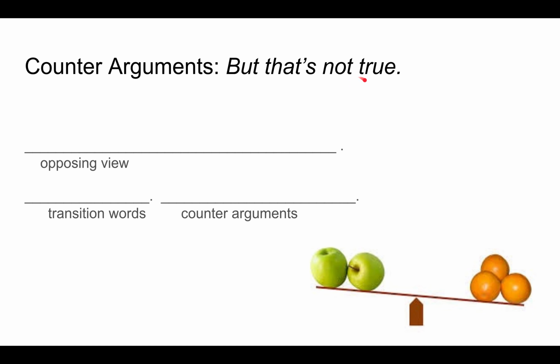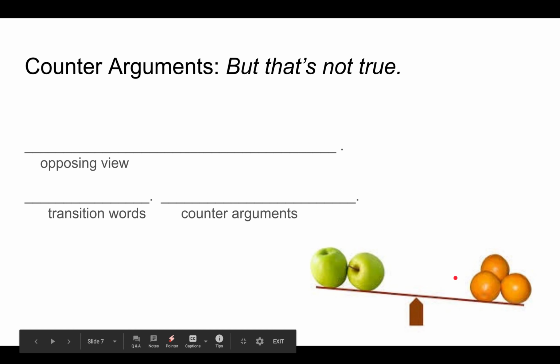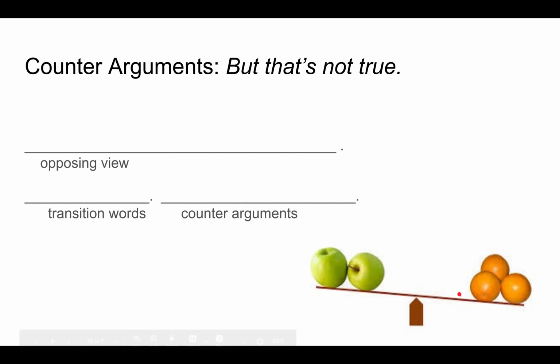But that's not true is not a transition word, and it's not only a transition phrase, but it also works like a sentence. It's a complete idea. But still, it's a transition. So imagine that I am arguing with my friend again, and my friend thinks apples are better, but I know oranges are better, and I want to argue against him.